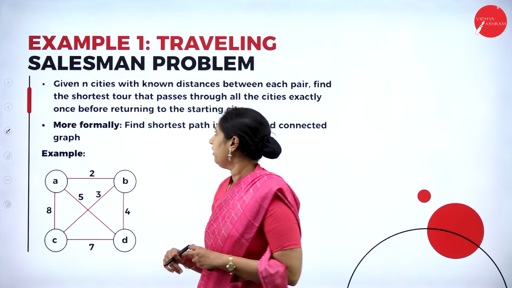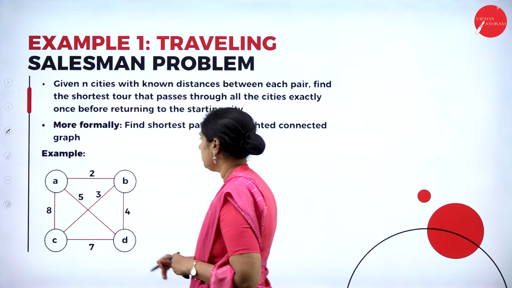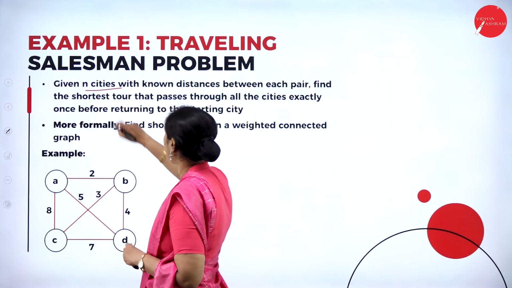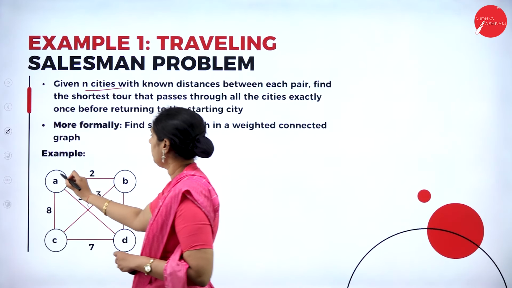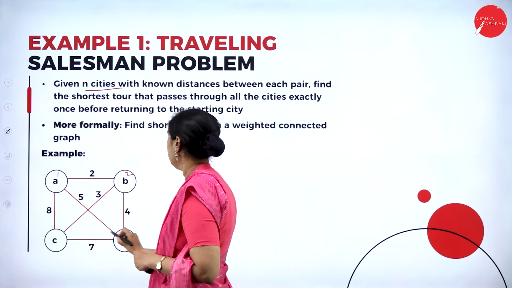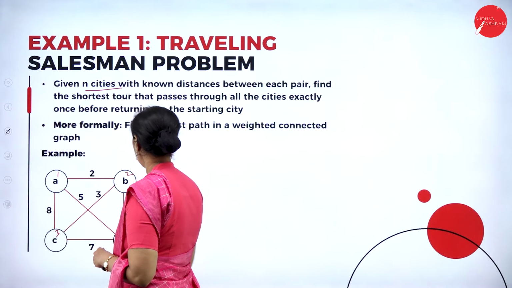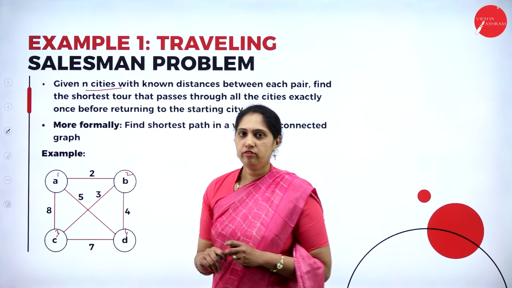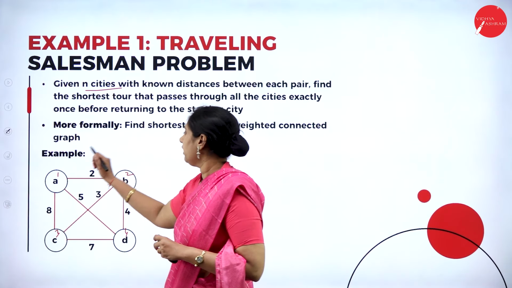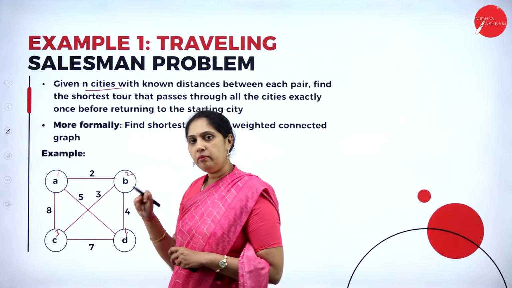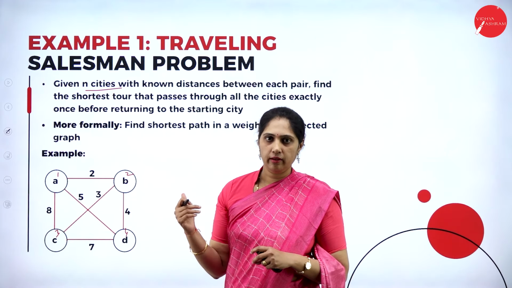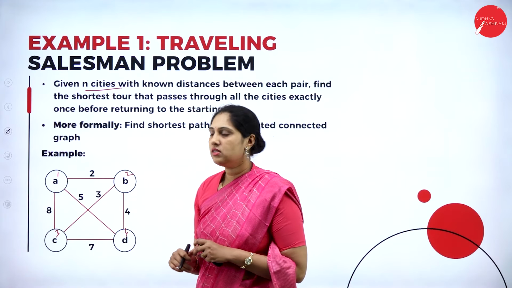So, coming to the traveling salesman problem. See, what happens is, you will have n cities. In those n cities, I'll take A as one city, B as another city, C as the third city, D as the fourth city. So, what you have to do is, you have to travel from A, visit all the cities, B, C, D, and come back to the original city, say A. So, how to solve this?